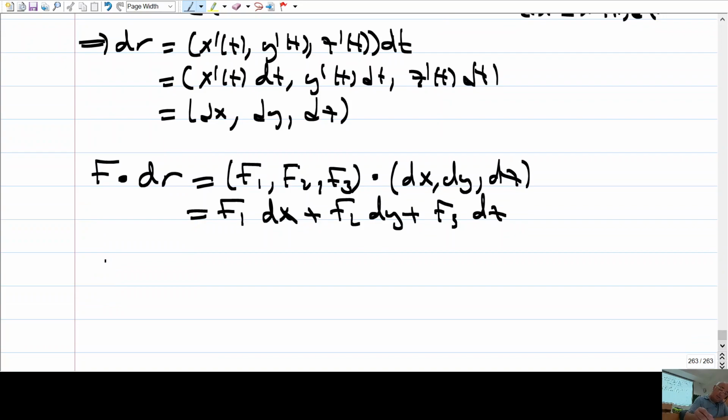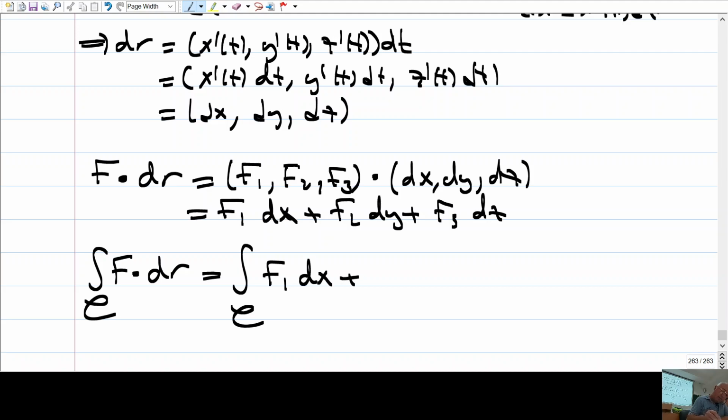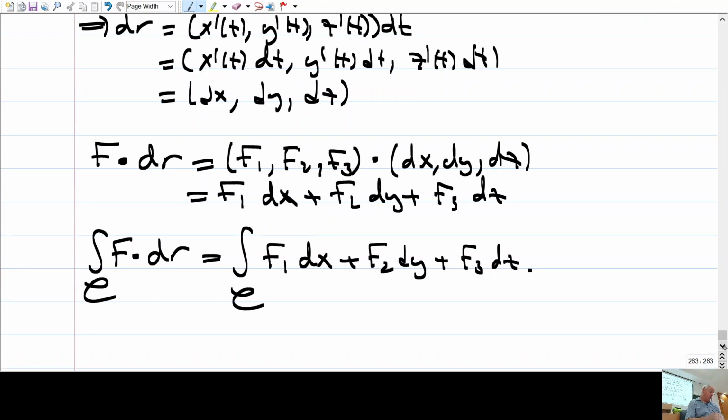Therefore, the integral over C of F dot dr is also written as the integral of f1 dx plus f2 dy plus f3 dz. Okay, they all mean the same thing. These are different representations of this integral.